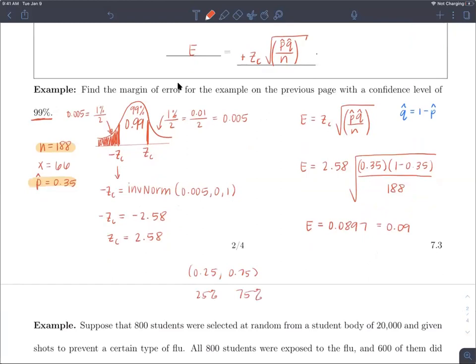So if your margin of error is so large that it makes your confidence interval something that makes no sense when you convert it to percentages, like if I get 1.26 to 1.47, then I'm saying that there's between 126% to 147% chance, which makes absolutely no sense, right?